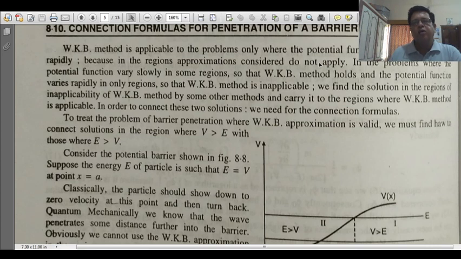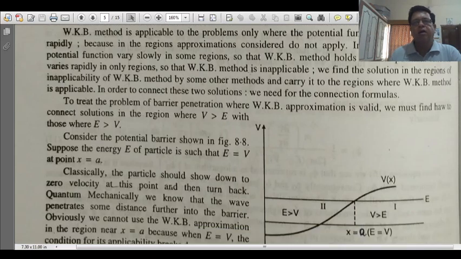So if there are two regions very near each other, where in some part the potential function is slowly varying and in the other part it is not varying slowly, then where the potential varies slowly, the WKB method holds or is applicable.